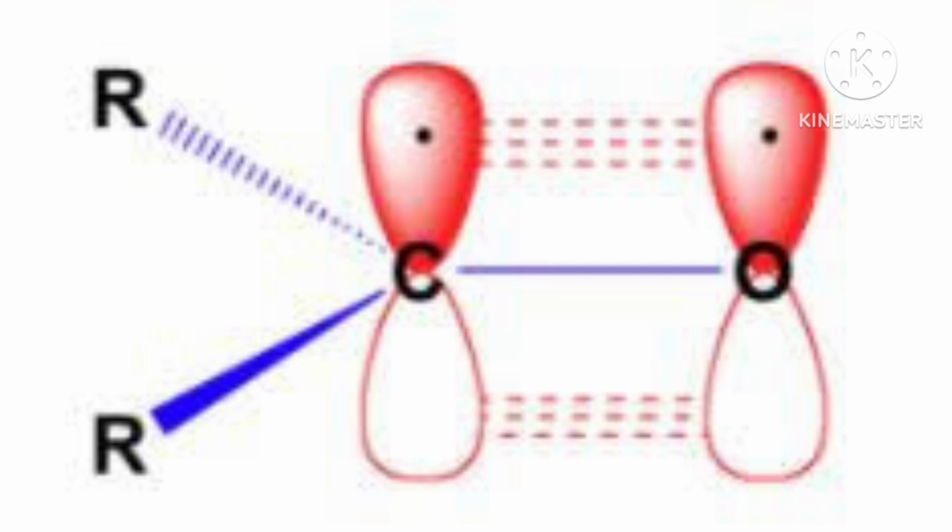From that CH, OCH3 is attached, methoxy, and after that CHO is also attached. Means from that carbon OCH3 is attached, methoxy, and aldehyde group is also attached.